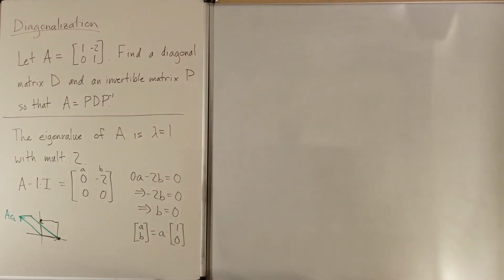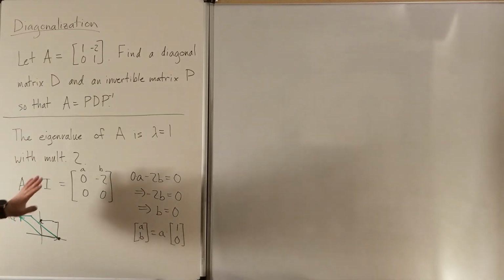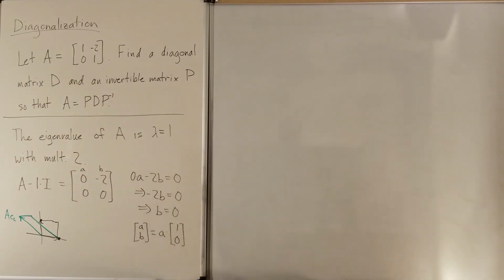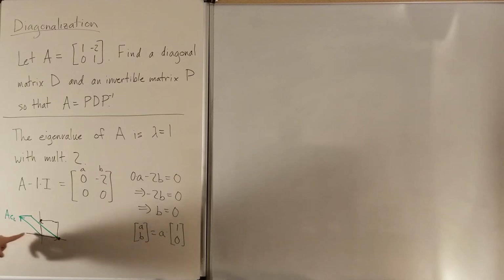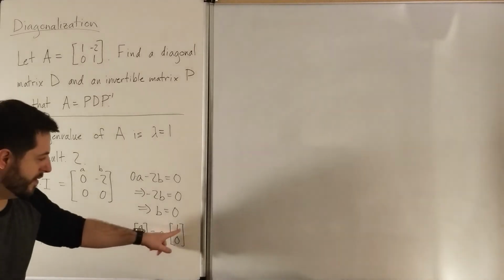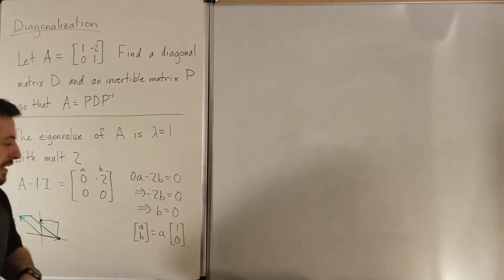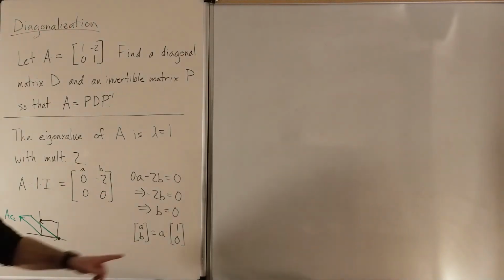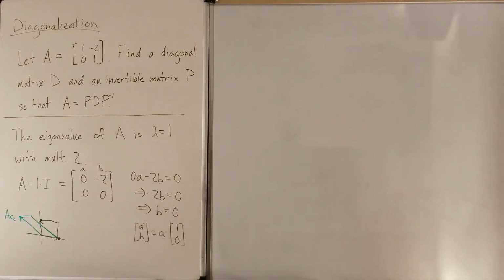And when that happens, something weird happens with the eigenvectors and eigenvalues. Every point in the top part of the plane gets moved left, every point in the bottom part of the plane gets moved right. And all the points along the x-axis here are going to stay where they are. In other words, a scaled version of this point is a point on the x-axis, and it stays where it is, which corresponds to an eigenvalue of 1, and every other point gets moved left or right.